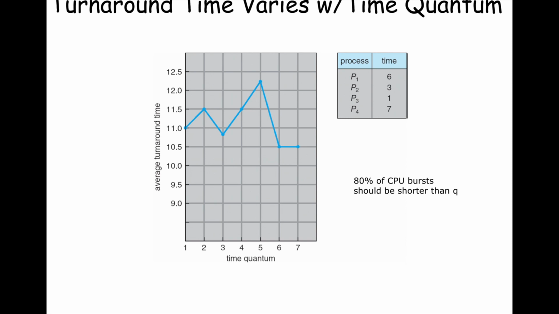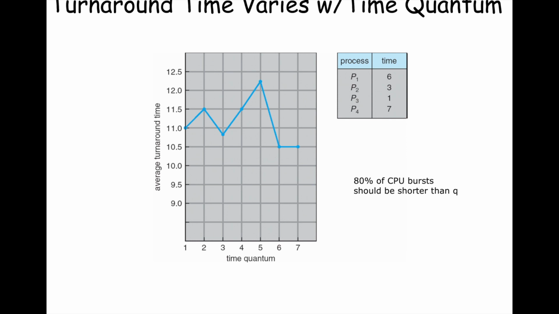They both need 2 quantums, because 2 times 4 is 8, which covers the 6, and also the 7. But the problem is, in increasing this quantum, we're also increasing the wait time of those that aren't executing during that quantum of size 4. So that has the impact of increasing the average turnaround time, because those that are waiting are waiting longer now.